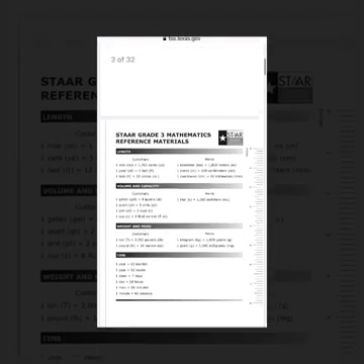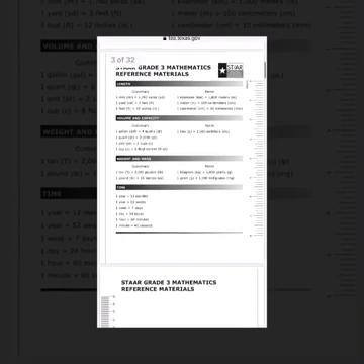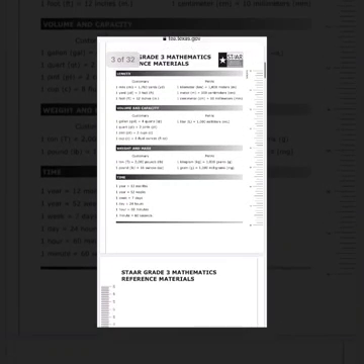On your STAAR release test, your child gets a STAAR reference materials page. It has conversions, it has rulers. There's a second page that has a centimeter ruler. The first page has an inch ruler.